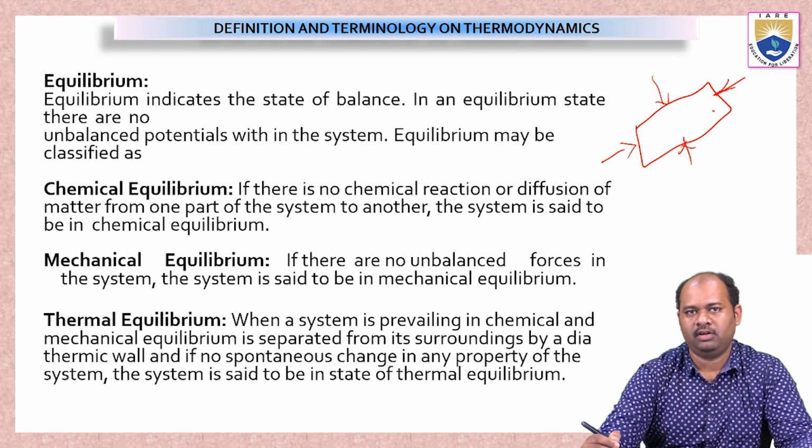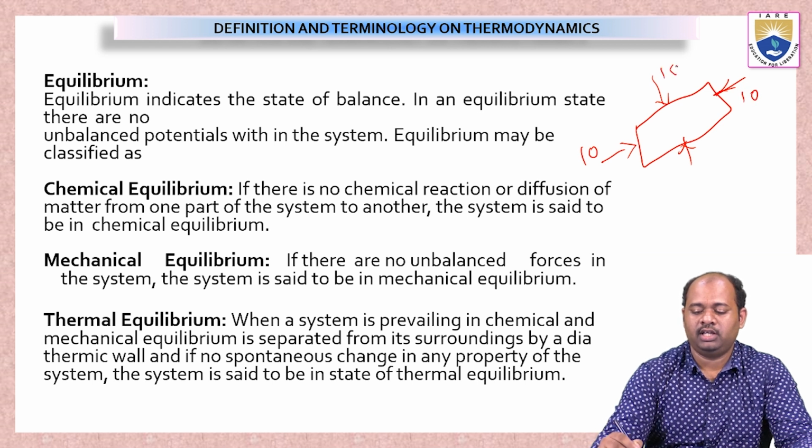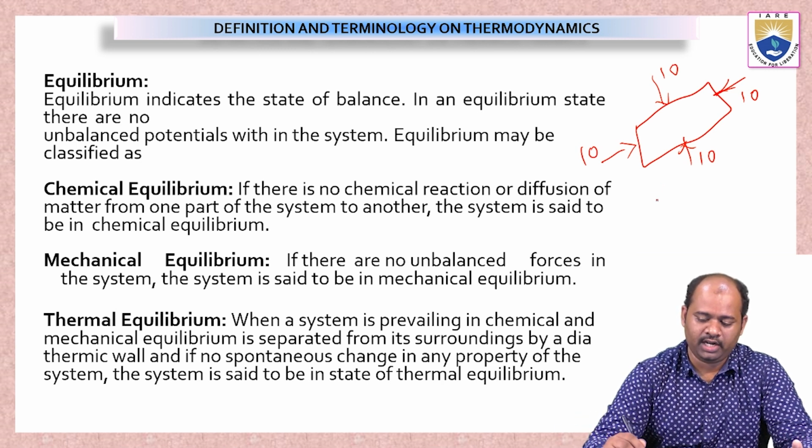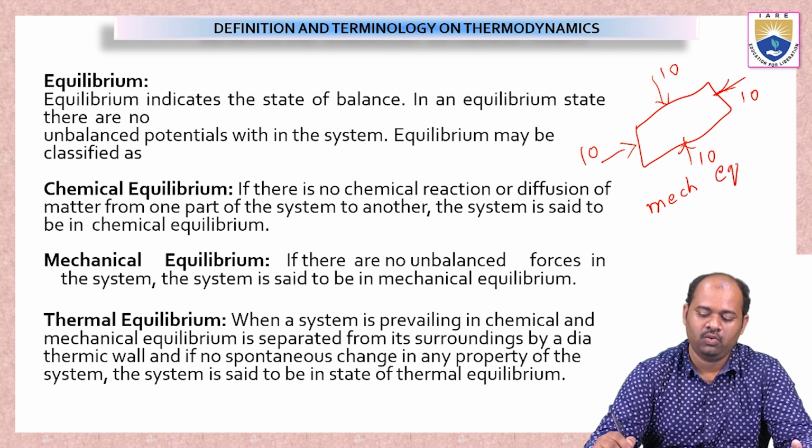Now the system can be called a stable system, or the system is said to be in equilibrium, because I am applying the same kind of load in all directions. The loads are balanced here. So that is why there are no unbalanced forces. Then this system can be called as under mechanical equilibrium. Okay, there should be no unbalanced forces.